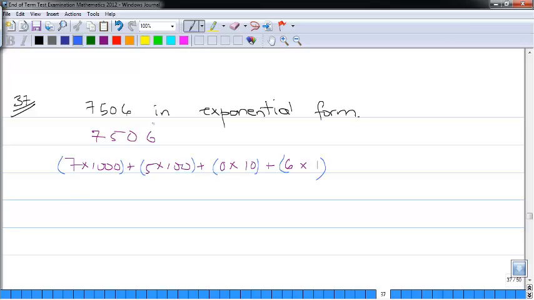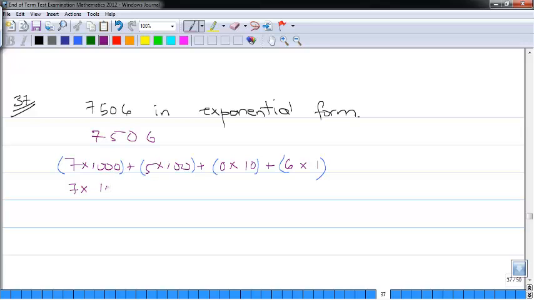Now we're going to go from expanded form to exponential form. This needs to be rewritten now as what? 7 times what's 1,000 in exponential form?